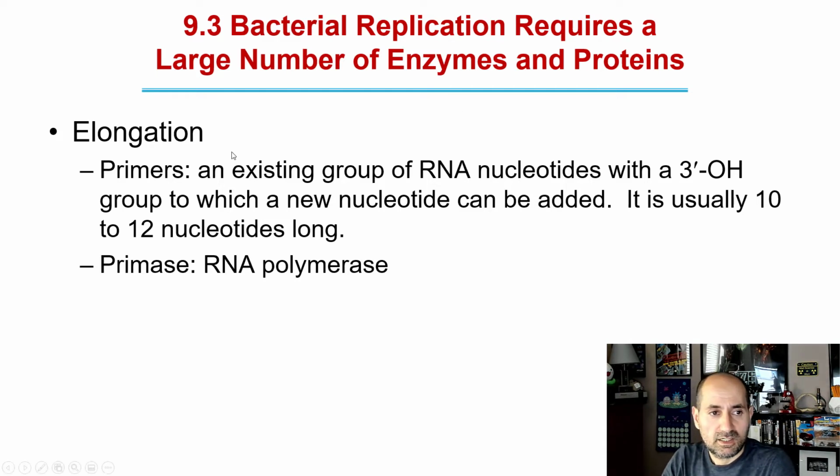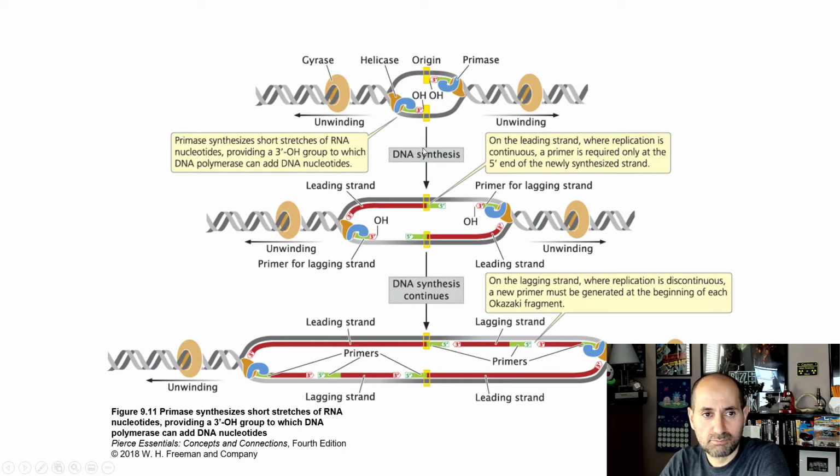So RNA polymerase has to first copy a template strand into a short stretch of RNA, 10 to 12 nucleotides long, and then DNA polymerase is able to copy the rest into complementary DNA. Let's look at that process here. You have the origin of replication, and from there primase synthesizes that short stretch of RNA, the primer, and then the 3' group to which the DNA polymerase can add the DNA nucleotide.